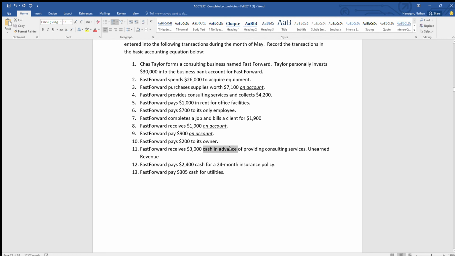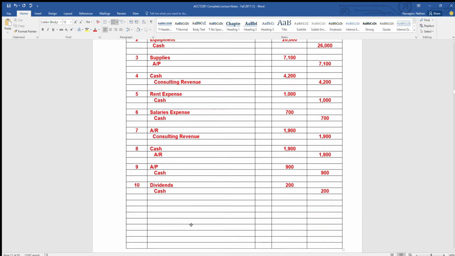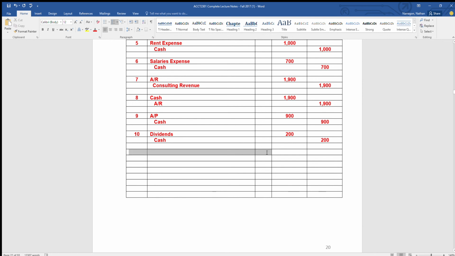So cash in advance, but we have not yet provided the consulting service. So with that, cash did increase, and now we have unearned fees. They want to call it unearned fees, but it can actually be unearned revenue. You can put unearned consulting revenue if you want to get more specific. But again, it still follows the same thing. Cash is increasing. Unearned is going to be for the 3,000.